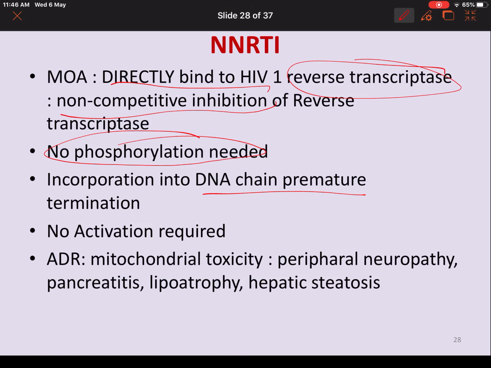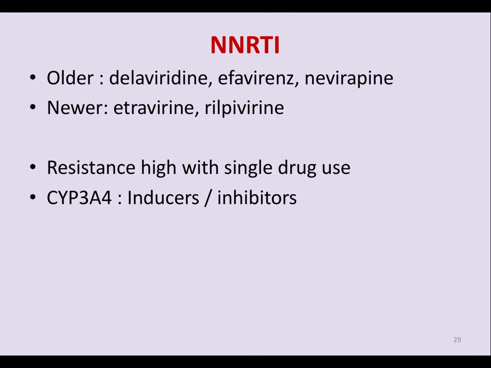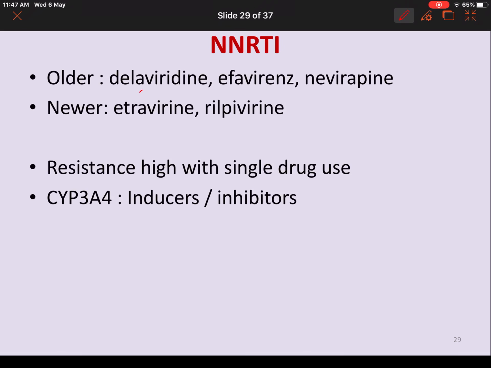What are the toxicities? Toxicities are similar to those of NRTIs, like mitochondrial toxicity, peripheral neuropathy, pancreatitis, lipoatrophy and hepatic steatosis. The older ones are delavirdine, efavirenz and nevirapine. Newer ones are etravirine.